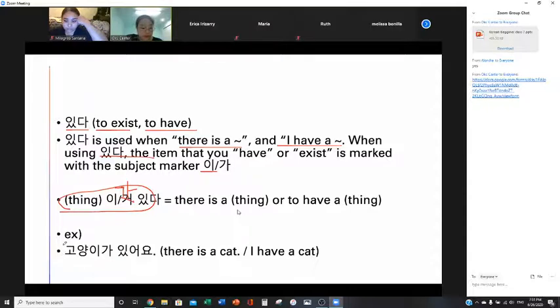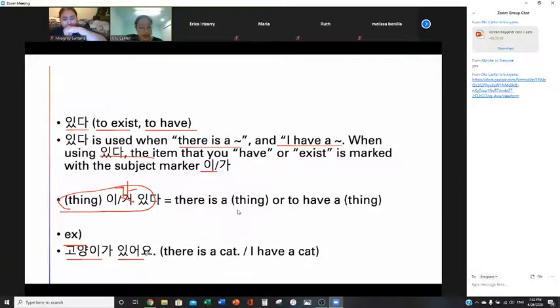For example, right here, 고양이, this is the thing, right? Since this one doesn't have a 받침, 가 was used as the particle. And 있어요 is the basic polite form of 있다, so that's why it's 있어요.